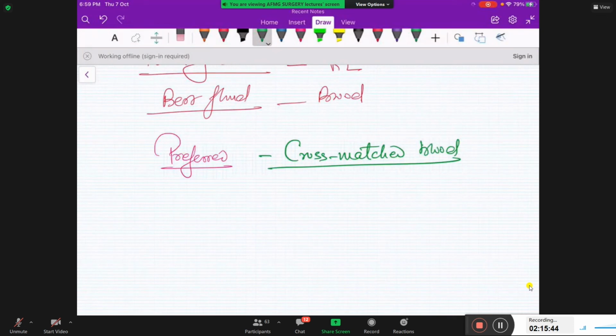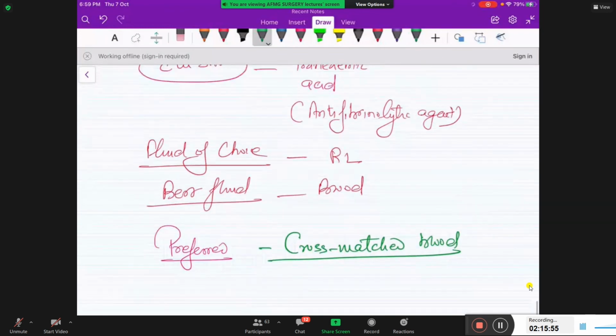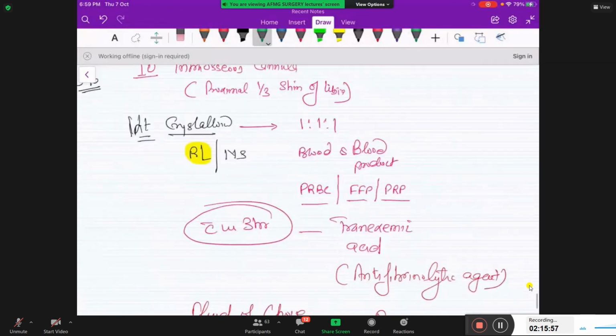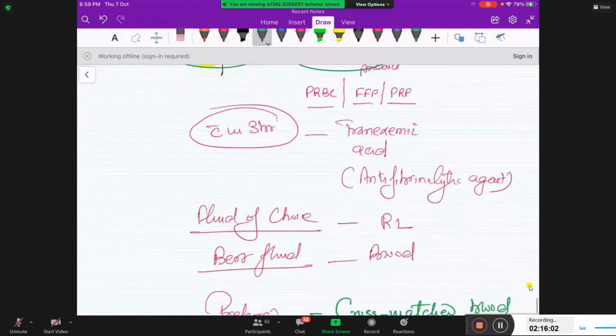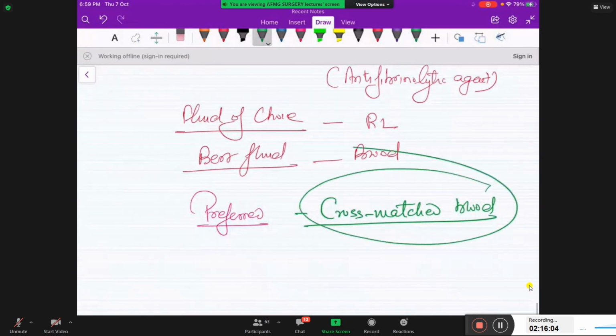So this clot formation which we are seeing takes at least 45 minutes. Please understand this concept. You can appreciate immediately after ringer lactate of 1 liter, you are in need of blood. And this cross matching, which is always preferred, is going to take at least that long.